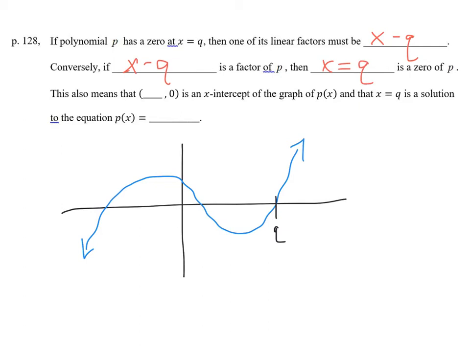And of course the word 0 means that when you plug that number into the formula, you get back 0. So this also means that (q, 0) is an x-intercept of the graph of p of x, and that x equal to q is a solution to the equation p of x equals 0. So all of these things are referring to the same phenomenon.